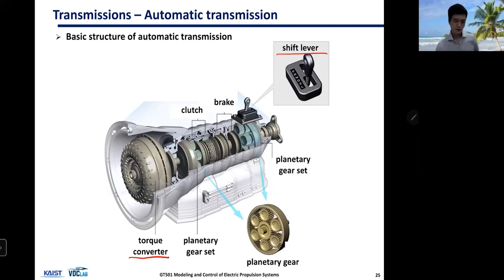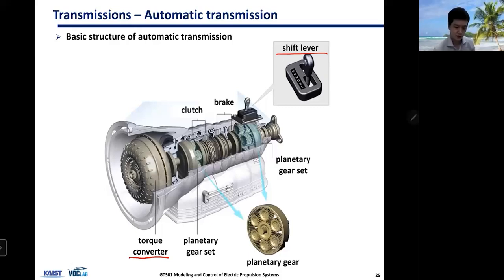So if you come to a full stop, the engine has to be rotating, but the wheel is not rotating at all, and somehow you need to decouple those two. So in the case of manual transmission, you will have to use the clutch to decouple.